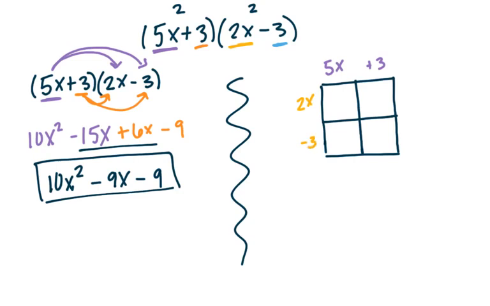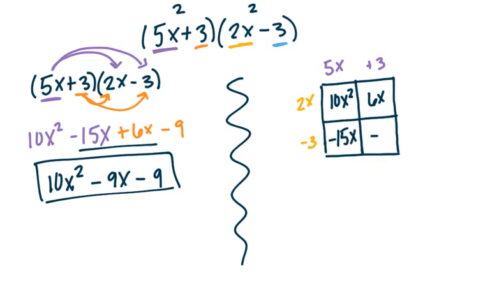So we are just going to find the area of each square. This square, or box I guess, is 2x tall and 5x wide, so that would end up giving us 10x squared. This box is 3 spaces long by 2x spaces high, so that would give us 6x spaces, or area. This box would be 5x units long and negative 3 units tall, so we get negative 15x units squared.